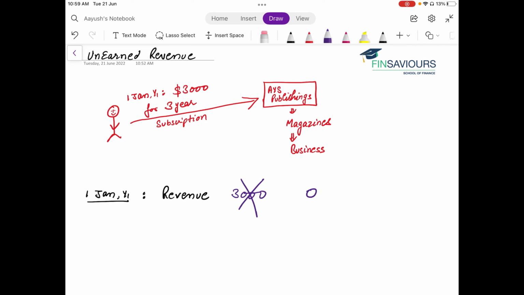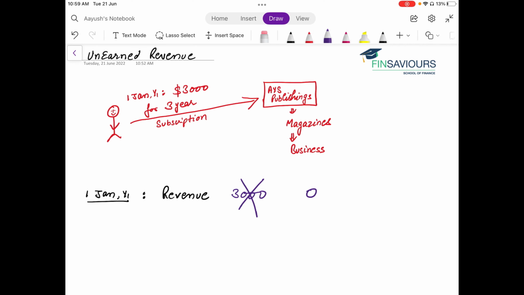Then you might be having a question in your mind that Ayush, if I am not booking anything, then what will I do of this $3,000? This $3,000, if you would have performed your part of services, would have been your revenue right on the spot, right? But you haven't performed yet.